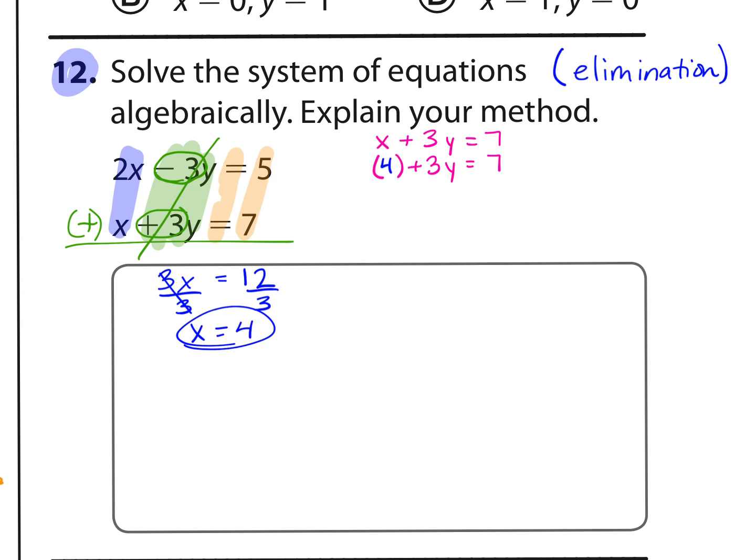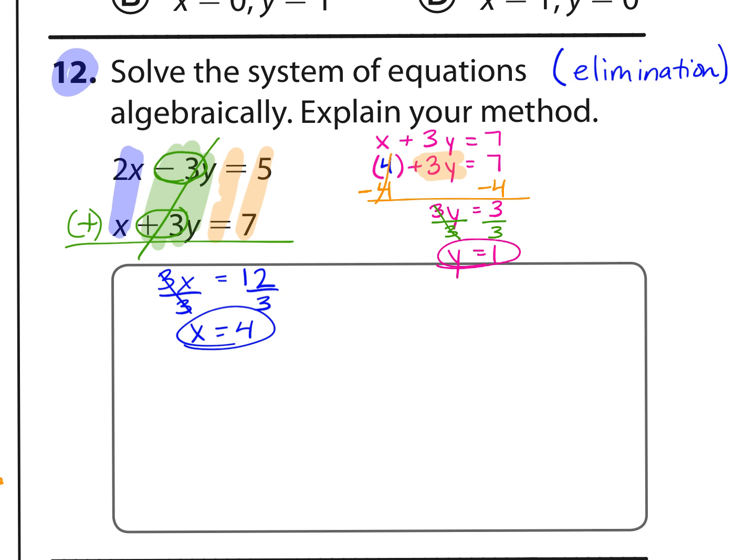So I want to get this y term by itself. So I'm going to get rid of 4 by subtracting 4 from both sides of the equation. And I get 3y equals 3. Then divide both sides by 3 to get y is 1.